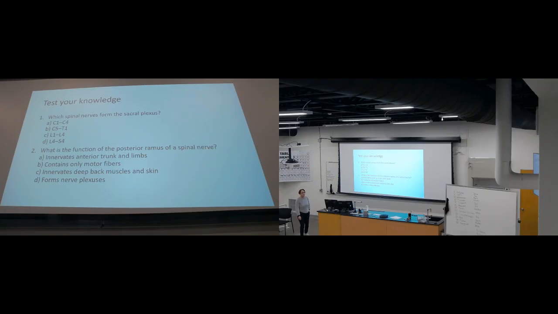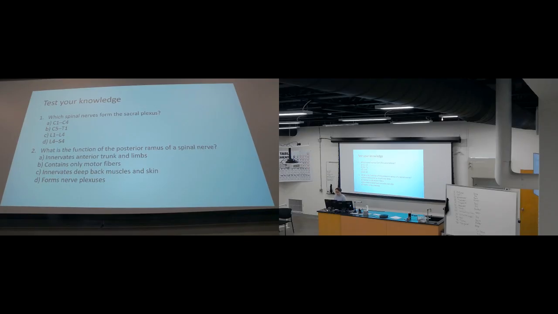Test your knowledge questions. Which spinal nerves form the sacral plexus? C1 through C4, C5 through T1, L1 through L4, or L4 to S4? L4 to S4. That's the sacral.